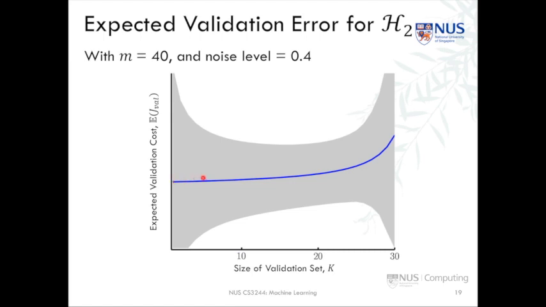However, our estimates of the actual validation costs start to vary, starting perhaps around this point, where we can see the gray tube gets fatter and fatter. This is because now we have fewer and fewer points in our validation set, and our estimates of the validation costs become more and more inaccurate.